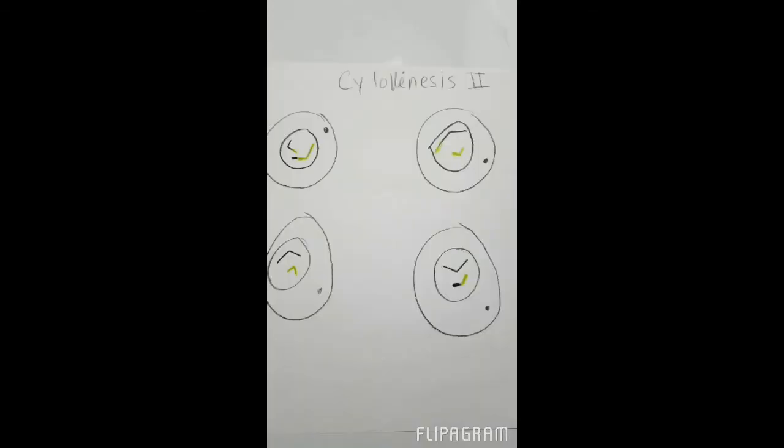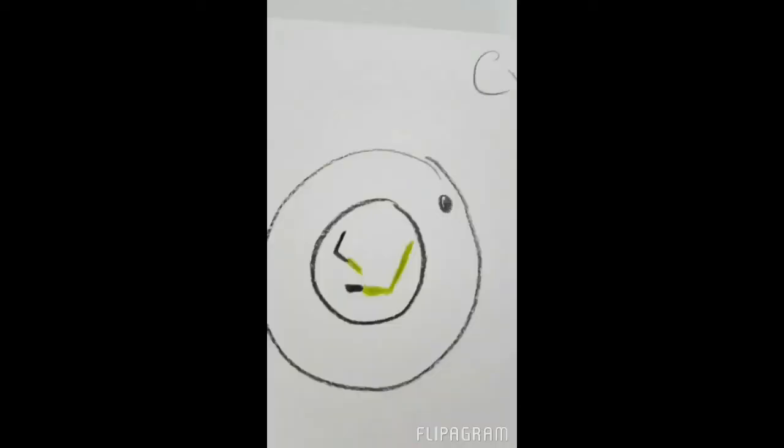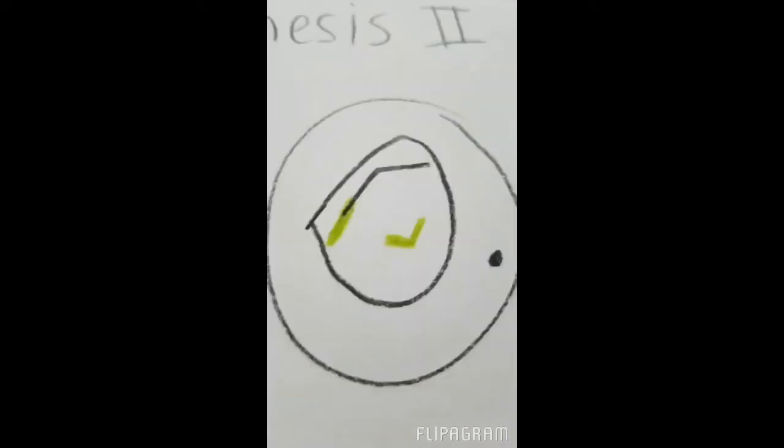Cytokinesis 2 splits the chromosome sets into new cells, forming the final products of meiosis: 4 haploid cells in which each chromosome has just one chromatid. In humans, the products of meiosis are sperm or egg cells.